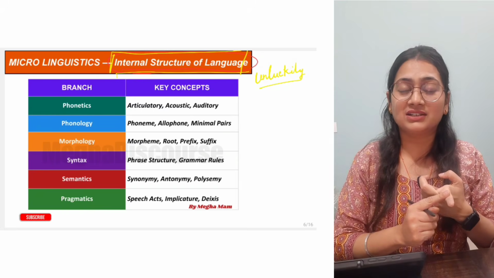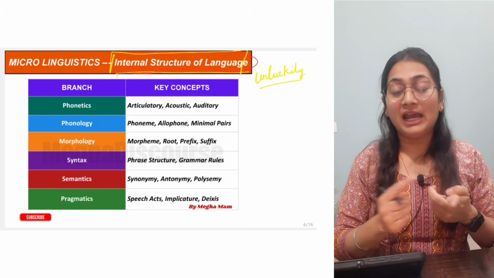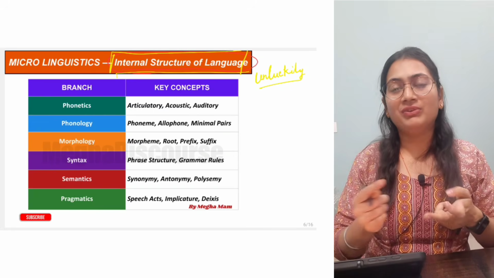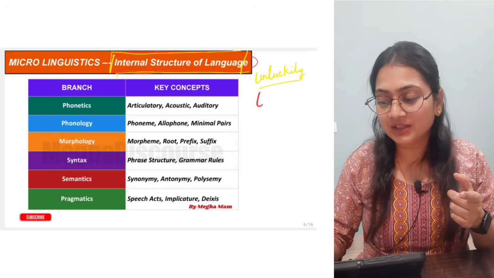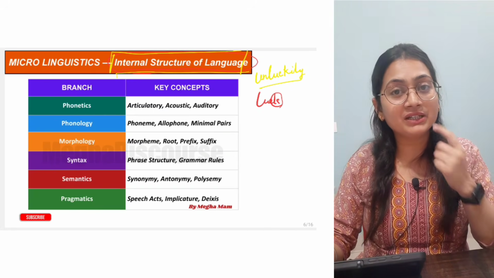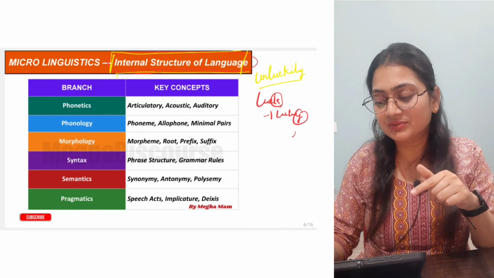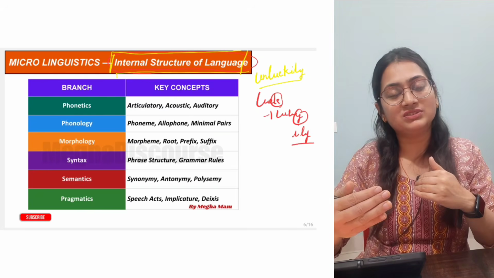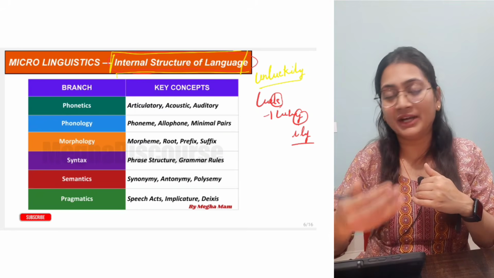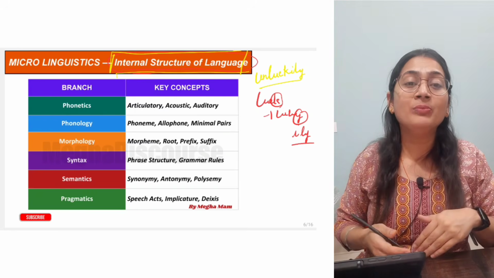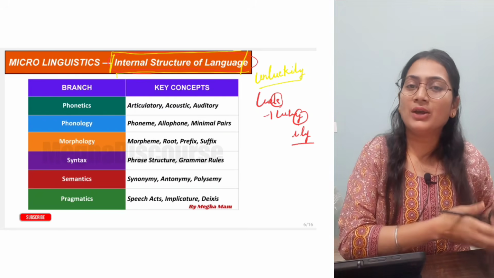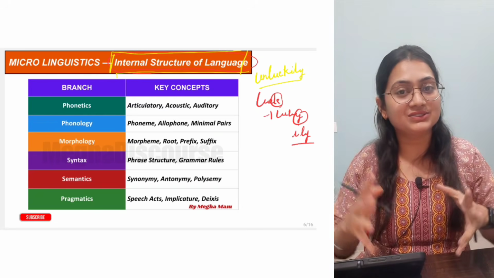Root word is luck, un is a prefix, and which prefix? It means no. We have luck. From luck it becomes lucky. And then we substitute ILY to make it an adverb. So we make it from adjective to adverb. So this is called internal structure.